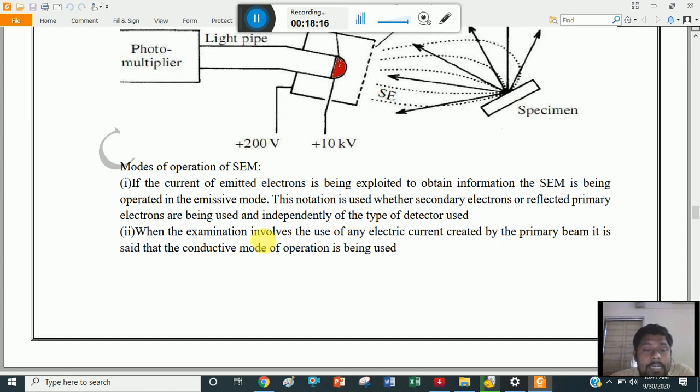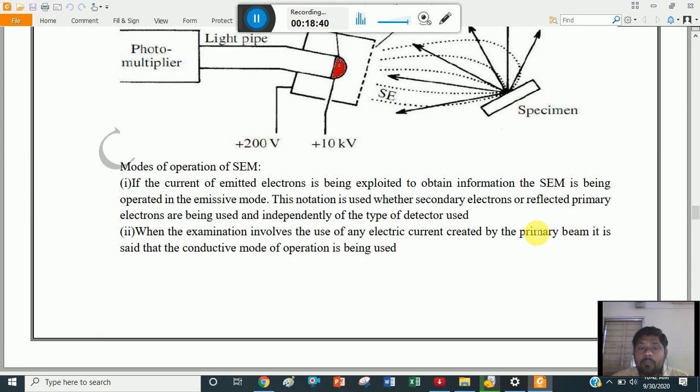Okay, when the examination involves the use of any electric current created by the primary beam, it is said that the conductive mode of operation is being used. When the primary beam is created, the electric current is created by the beam of electrons from the source, and that mode is known as the conductive mode of operation.